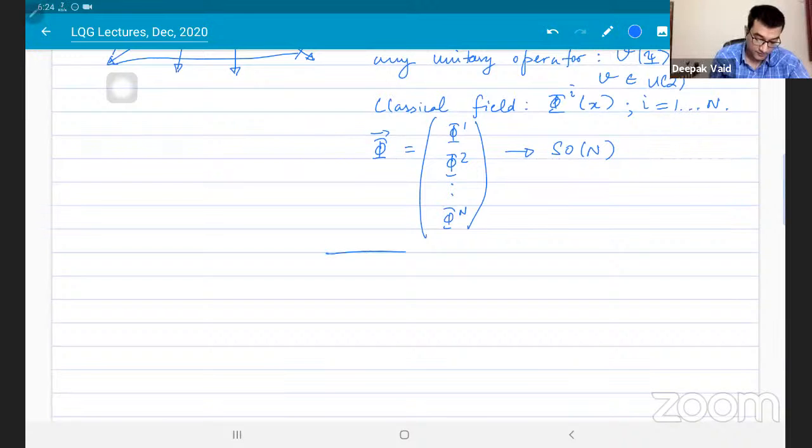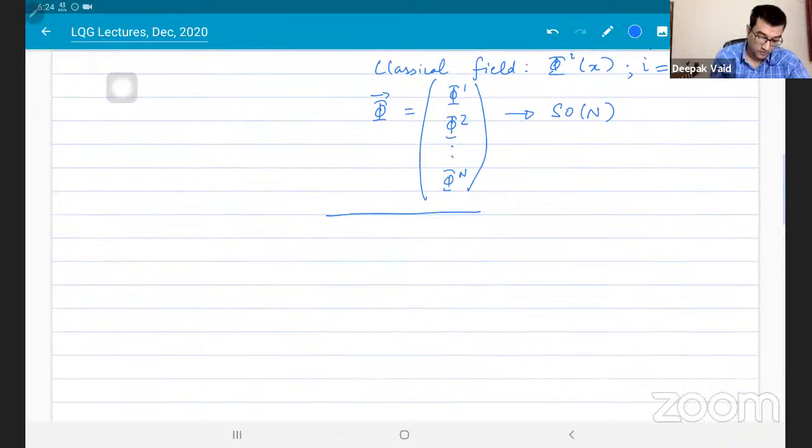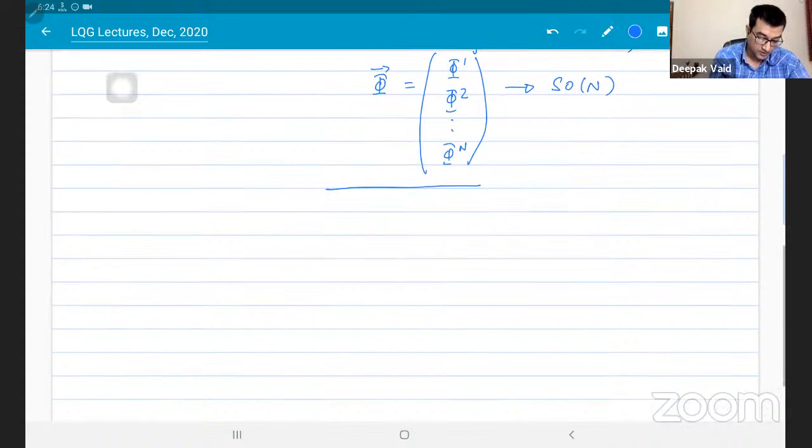Okay. So now we can write down something called the equation for parallel transport. But before coming to that, let me define this curvature for a non-abelian gauge field.